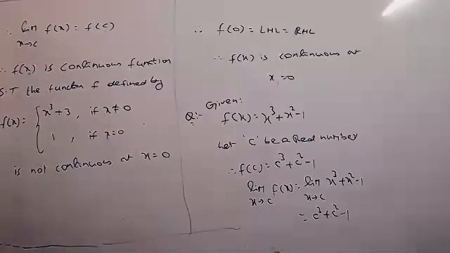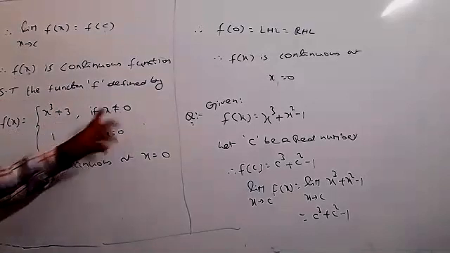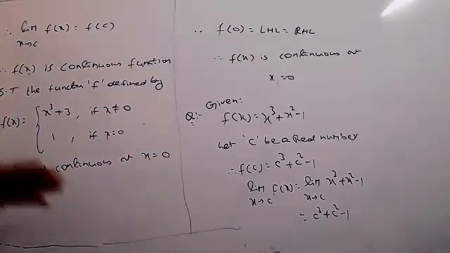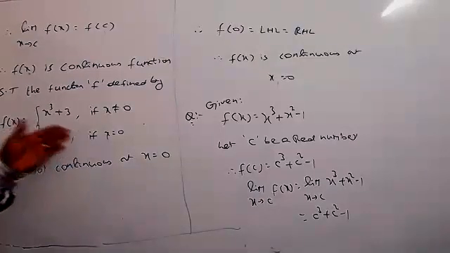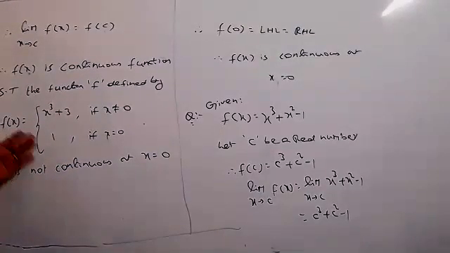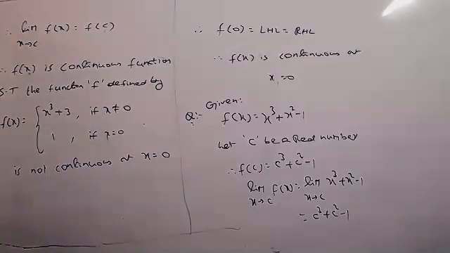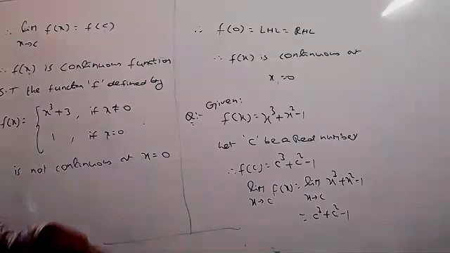Okay, what does it say? Show that the function f defined by f of x equals x cube plus 3 if x not equal to 0, 1 if x equal to 0, is not continuous. That means here we have to show that f of 0 is not equal to LHL not equal to RHL, or else f of 0 equals LHL but not equal to RHL, or else f of 0 not equal to LHL but equal to RHL.